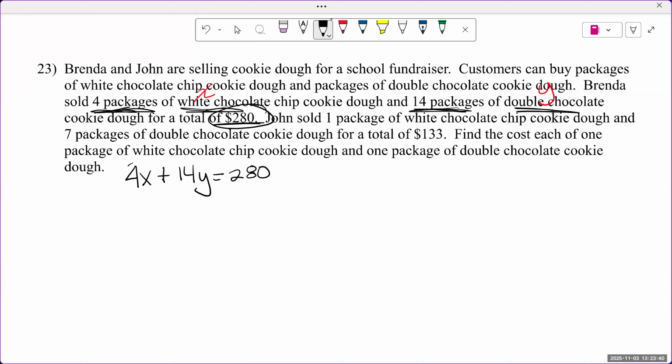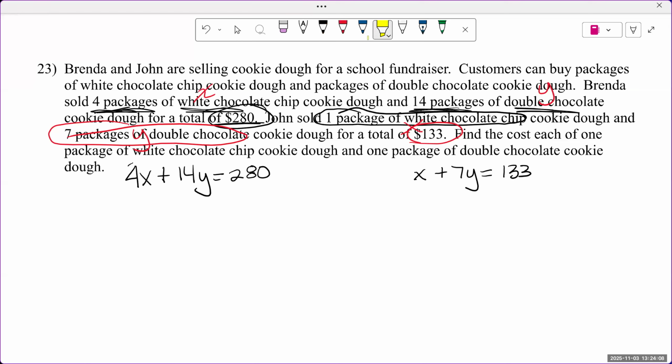Okay. Now, 1 package of white chocolate chip, that's my x, 7 packages of double chocolate, that's my y, for 133. 1x plus 7y is equal to 133. Now, take a look at this.